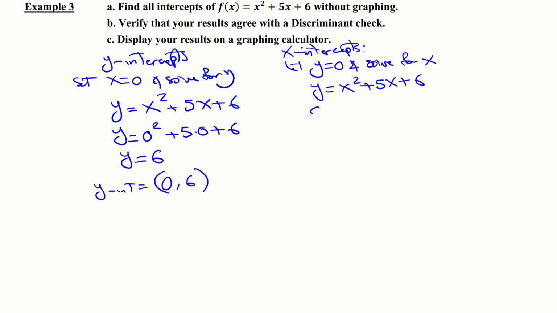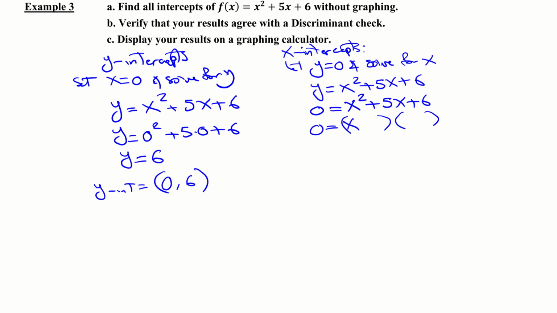This time we're going to let y be 0. So we're going to get this equation, which we'll try to solve by factoring. If that doesn't work, we can use completing the square. If we don't feel like doing that, we could always do the quadratic formula. But I do believe this is factorable.